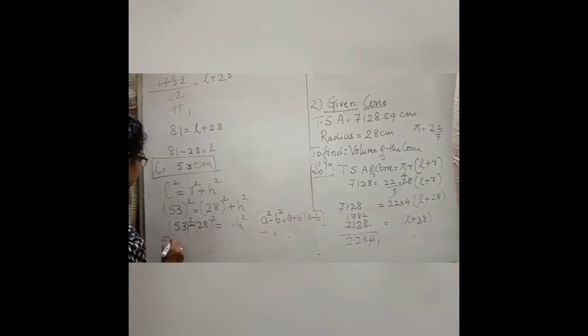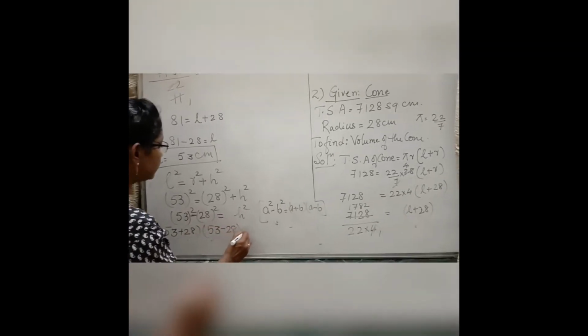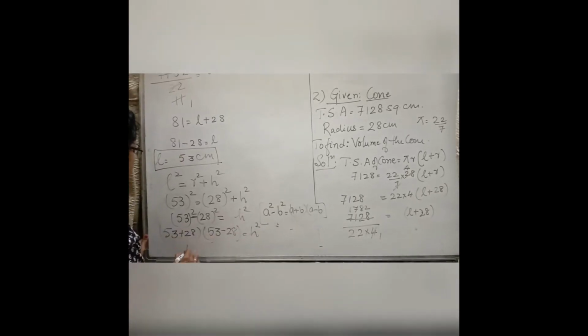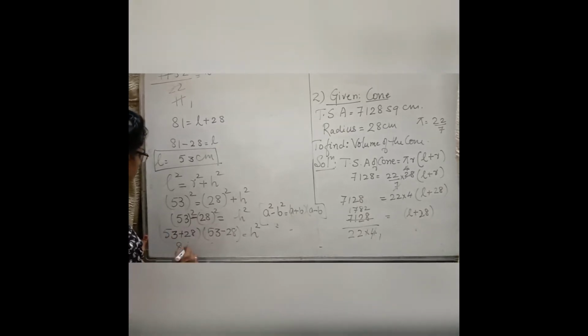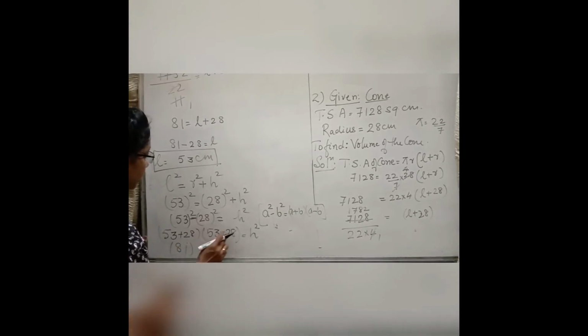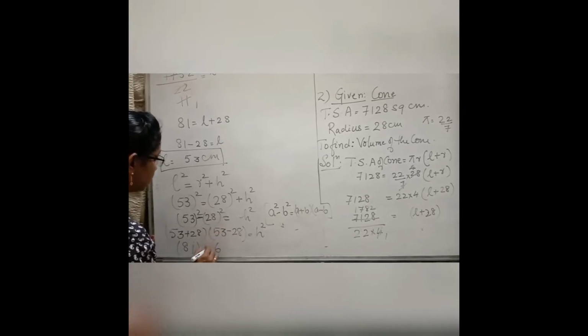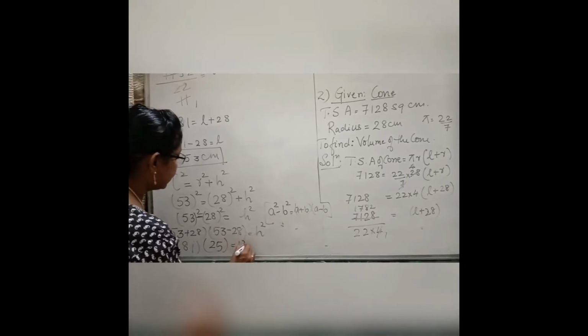So that is 53 plus 28 into 53 minus 28 is equal to H square. So 53 plus 28 is 81 into 53 minus 28 is 25 is equal to H square.